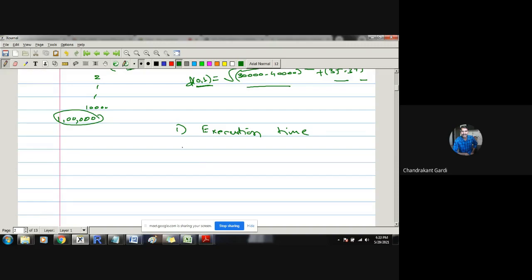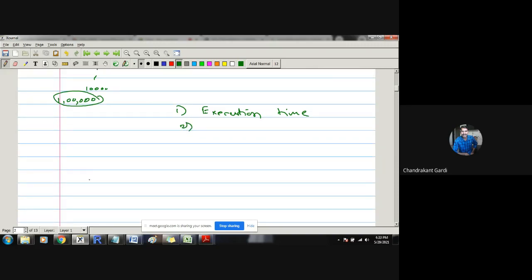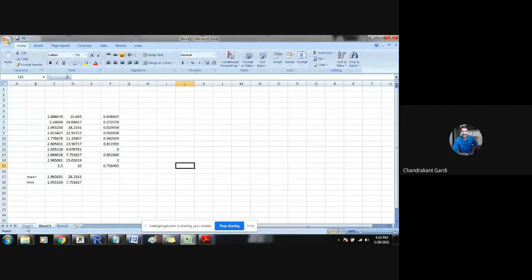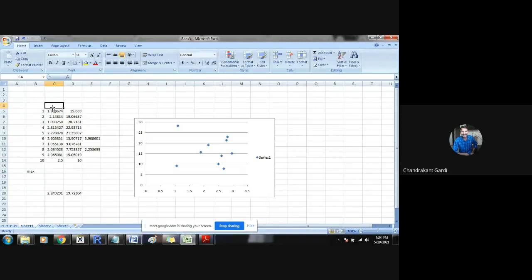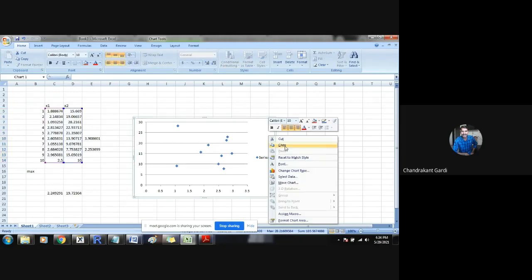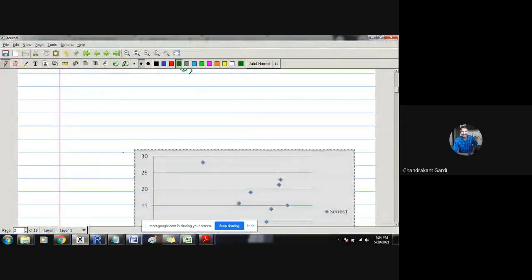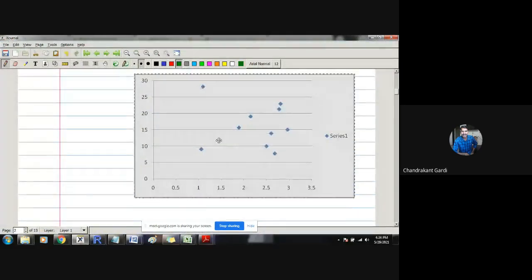There is another drawback. Suppose the data is like this. These are the x1 values, and this particular column contains x2 values. These x1 and x2 values are plotted over here. Now suppose I have copied the same graph here.